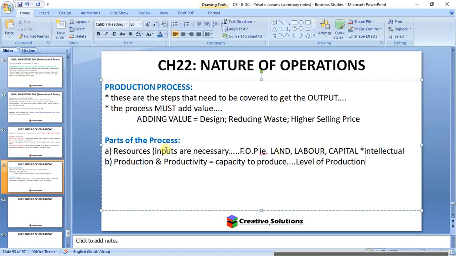Level of production. Okay, what are we looking at here with level of production? You do need two calculations. So, subheading here. Labor productivity equals, okay, this is the formula, total output in a given time divided by total workers.